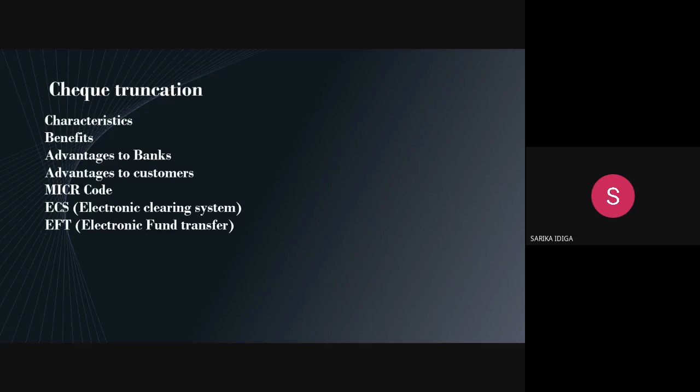Benefits you can write on your own. Time and money will be saved. Clearing frauds will be less. Clearance of checks is easy, and it is very advantageous to banks and also to customers. The customers will get easy clearance of the check, and banks don't have to fiddle with the physical check.